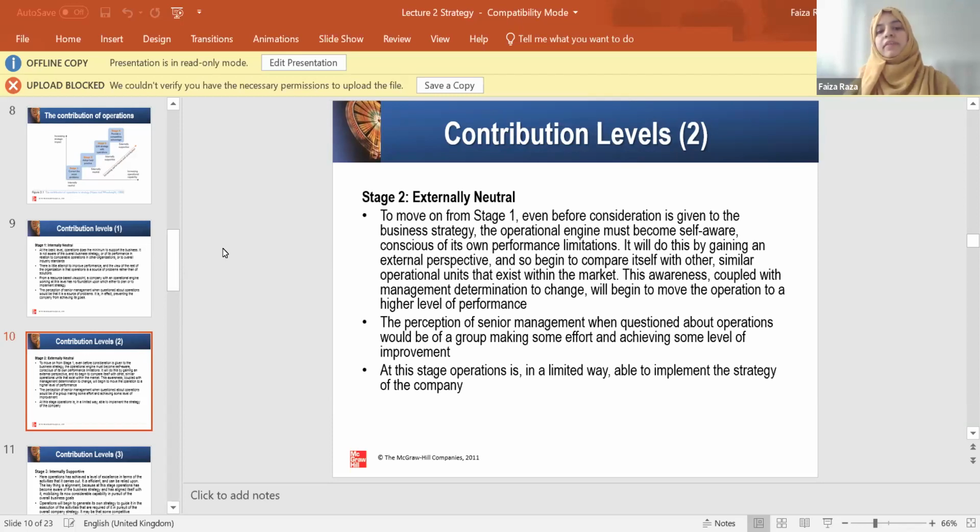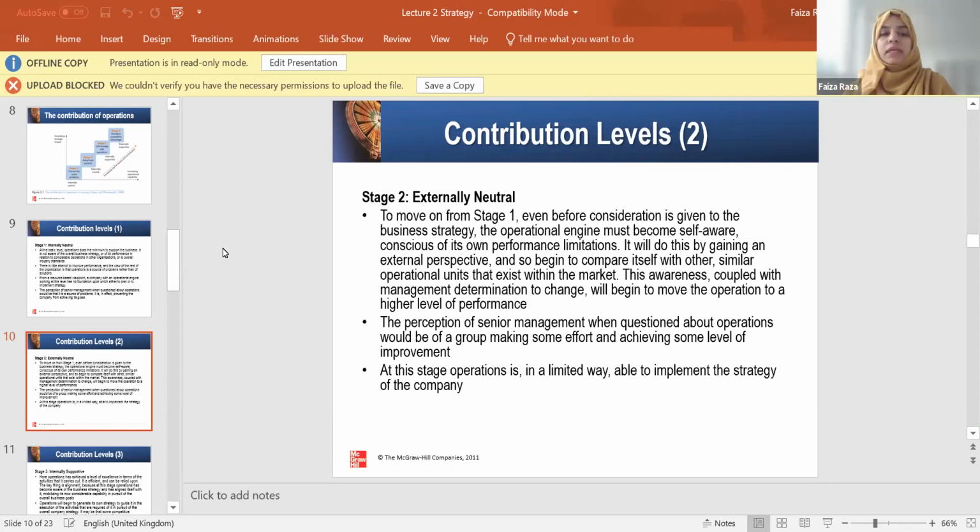This awareness coupled with management determination to change will begin to move the operations to a higher level of performance. So at level 1, you are achieving the basic problem-solving level, and at level 2, you are slightly going upwards toward achieving a performance level.